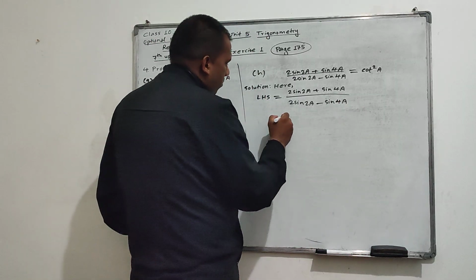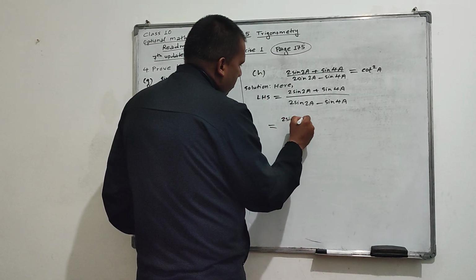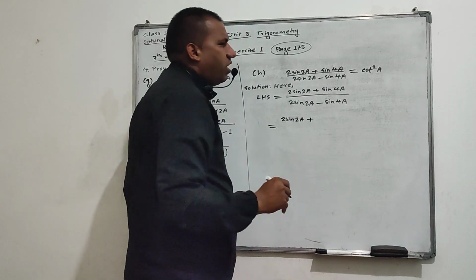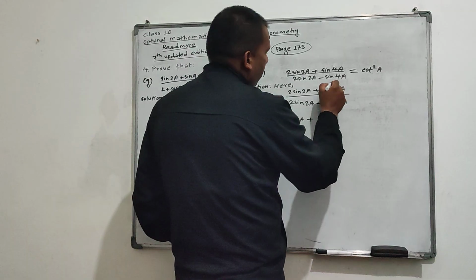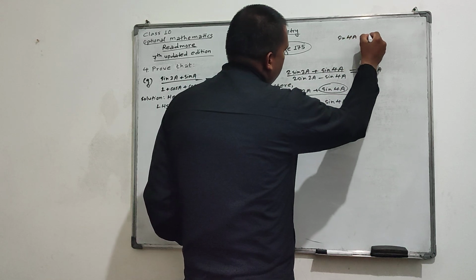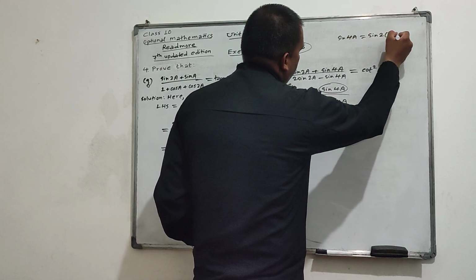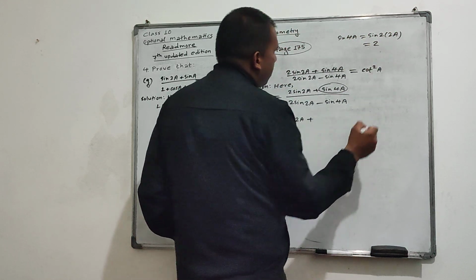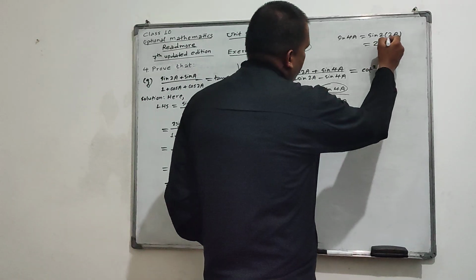Now this is 2 sine 2a plus sine 4a. Sine 4a equals sine 2 times of 2a, so it becomes the sine 2a pattern, where a is 2a.